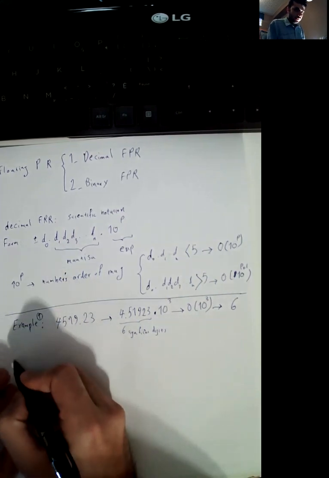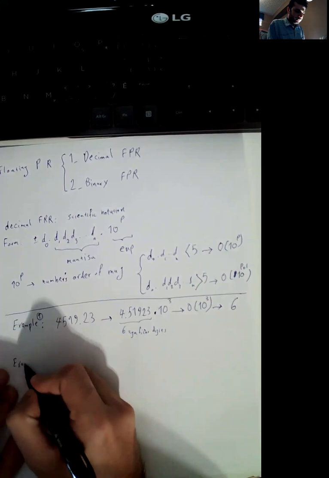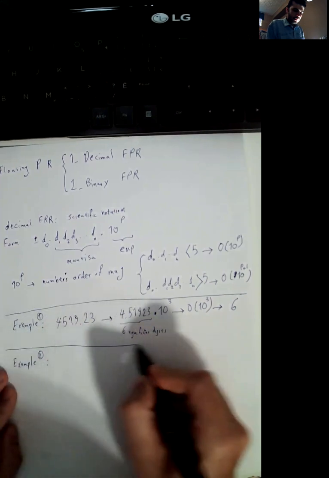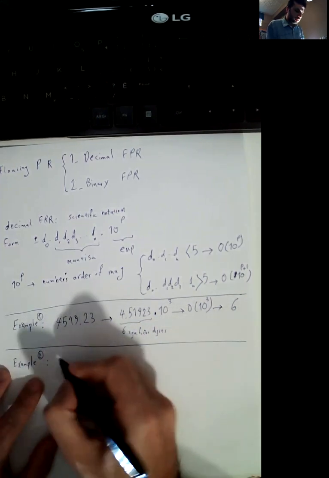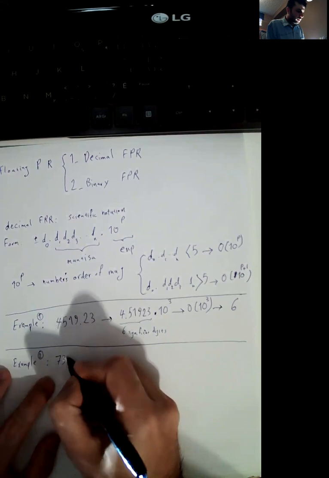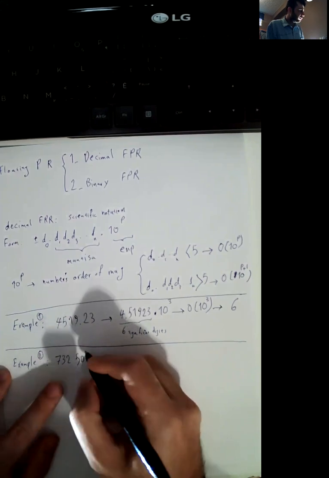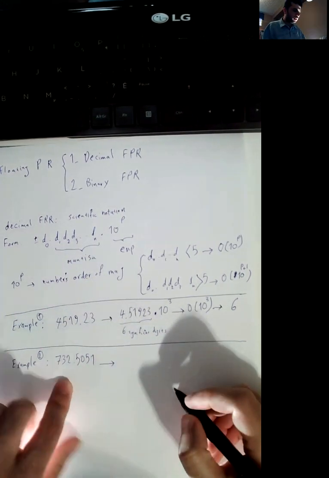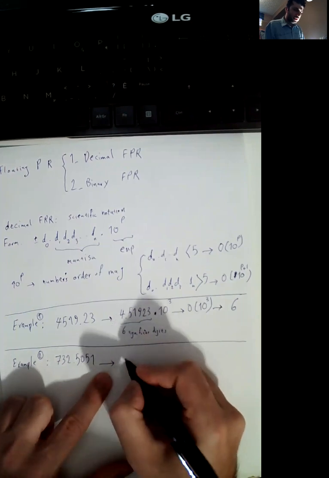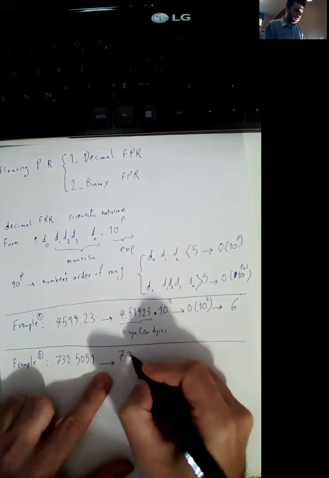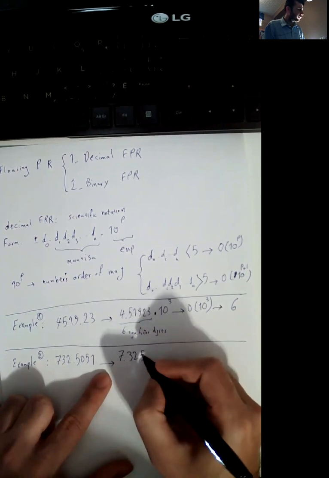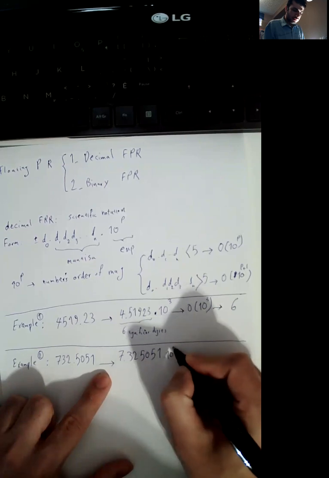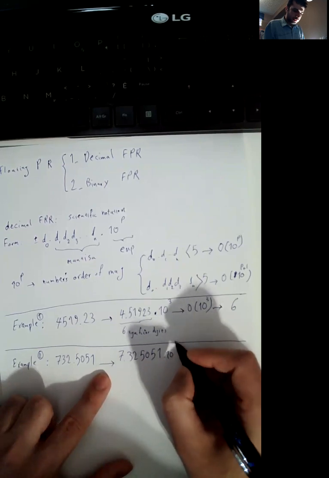Example 2: I give you another example, 732.5051. The scientific notation or decimal floating point representation is 7.325051 times 10 to the power of 2.